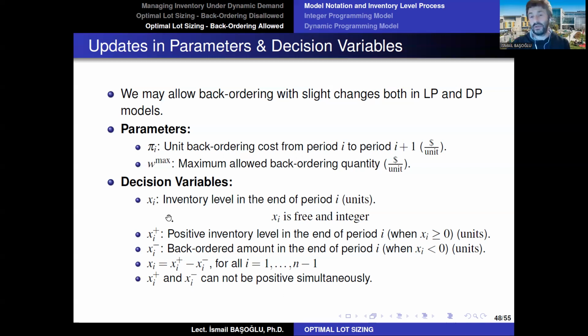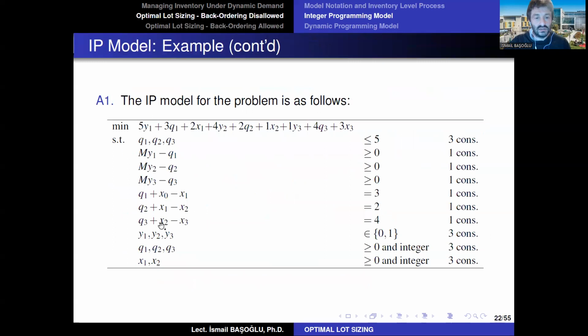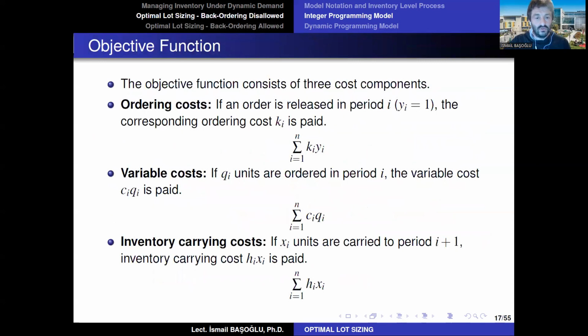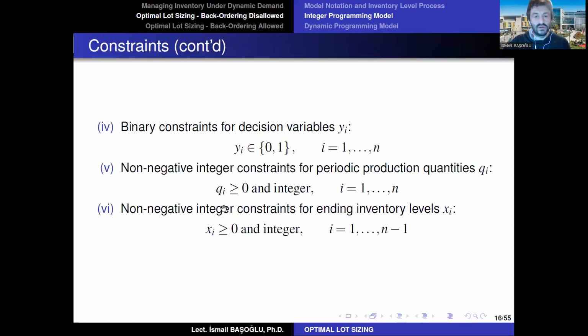Now, what happens to the integer programming model if we introduce this change? The first thing is that the decision variable xi, which is the ending inventory level of period I, is now unrestricted, so it is free. It is not necessarily greater than or equal to 0. In the previous model, when backordering was disallowed, the ending inventory level of the ith period had to be greater than or equal to 0 and integer.